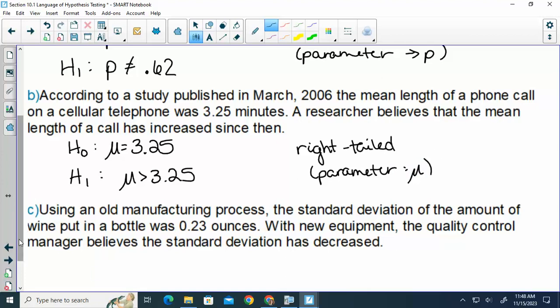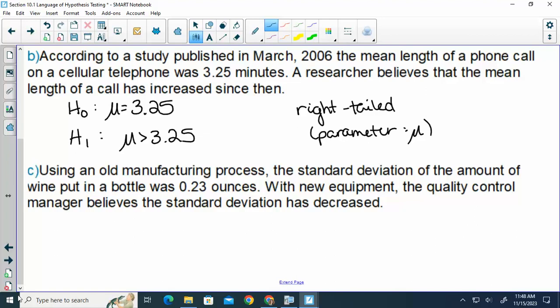Alright, you guys try the last one. So, what's your null hypothesis?